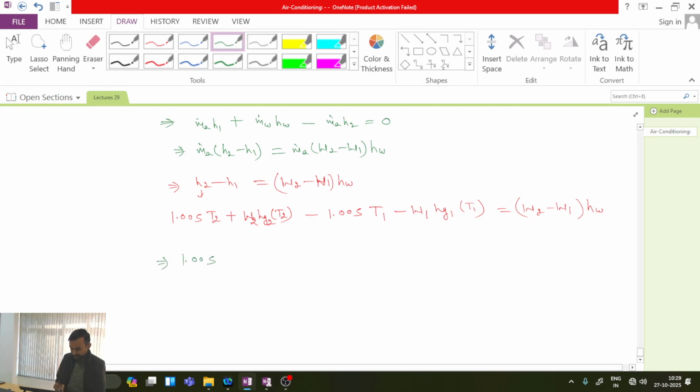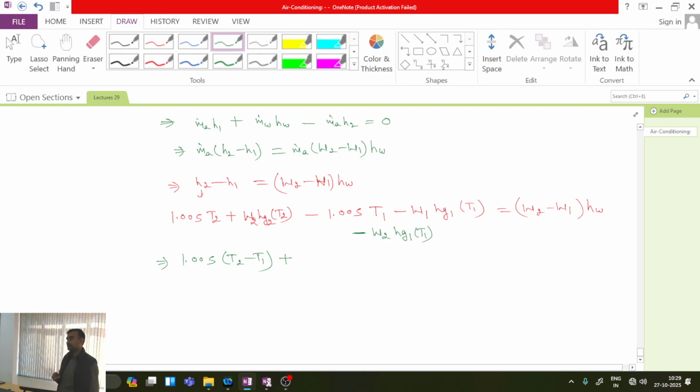The first part is very simple, 1.005 into (T2 minus T1). Then the second part, let's do one thing. In this previous equation, let me subtract on this side minus W2 into Hg1 at T1.